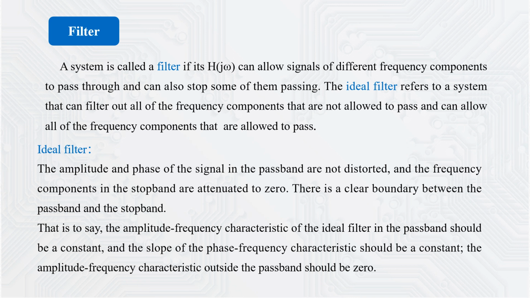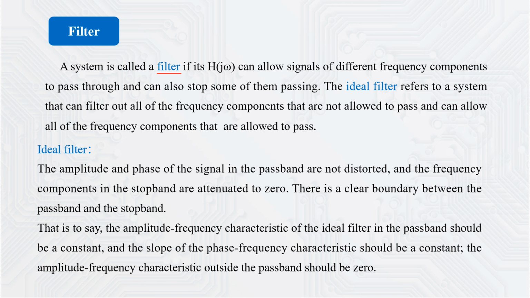The ideal low-pass filter mentioned above is a local distortionless transmission system. Now, I will introduce to you the concept of filter, ideal filter, and ideal low-pass filter. But what is a filter?